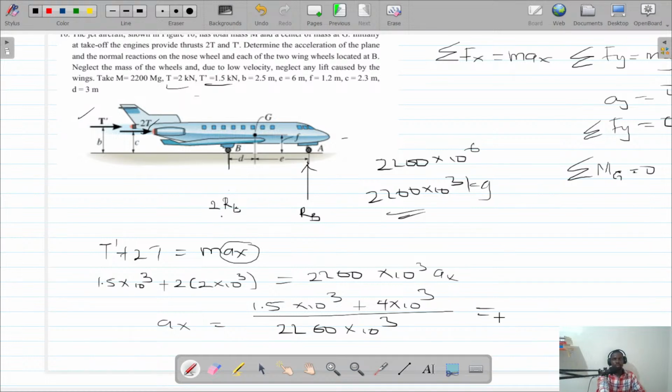The 10 power 3 can cancel out. So 1.5 plus 4 all over 2200, and we have 0.0025 meter per second squared.